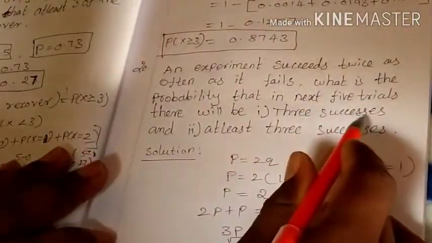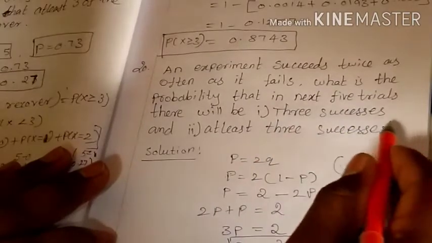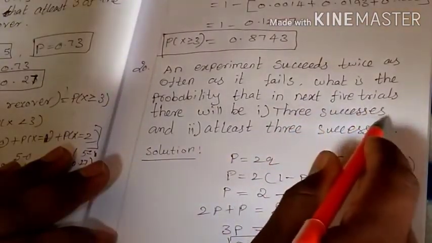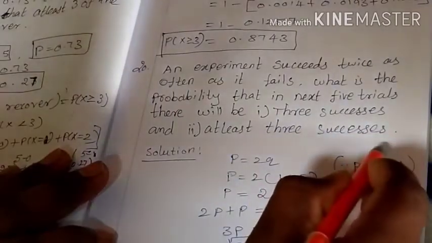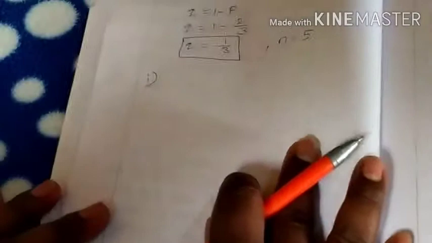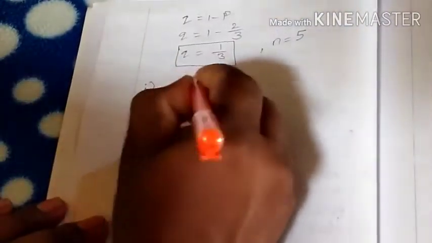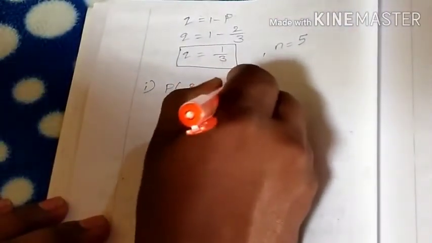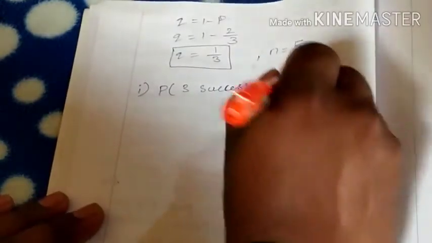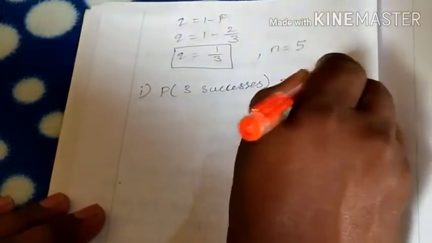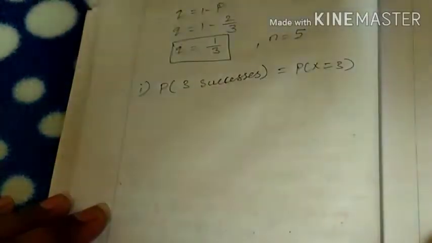That's all. The first question is 3 successes, the probability of 3 successes. Then the second question, at least 3 successes. The first question, probability of 3 successes, that is exactly 3, P of x is equal to 3.